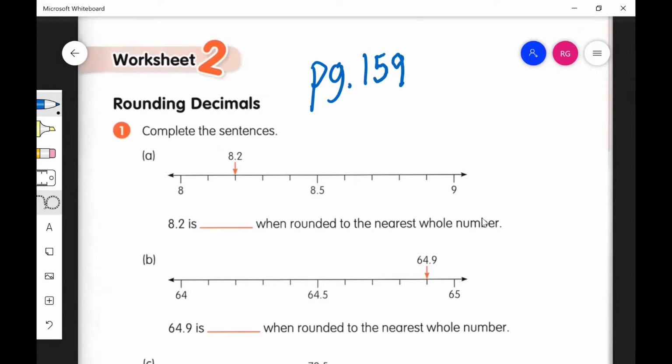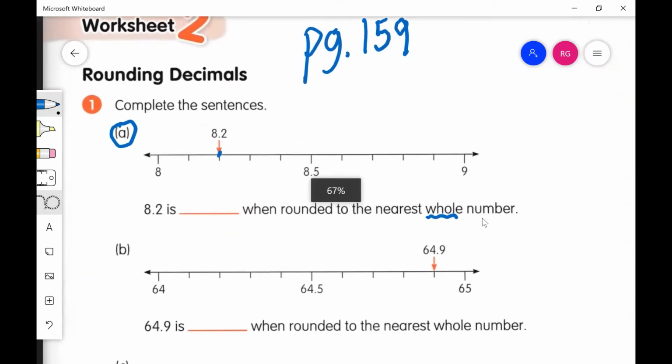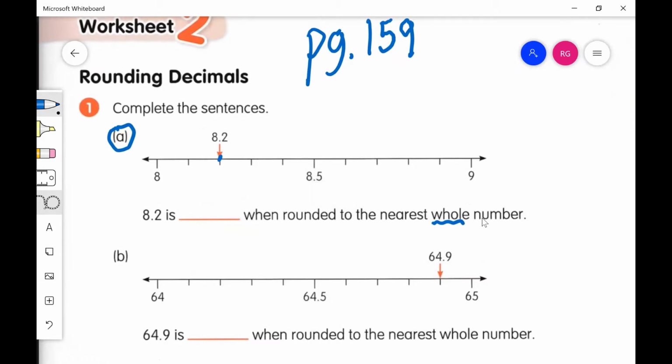And it says for number 1, to complete the sentences. For part A, we have 8.2 on our number line here. It says 8.2 is blank when rounded to the nearest whole number. The options for the nearest whole number, or ones place, are either 8 or 9.